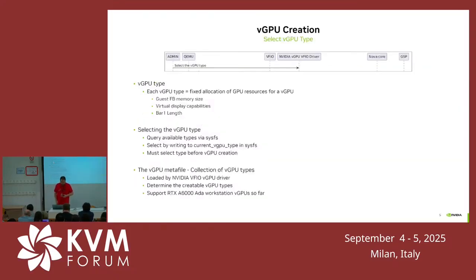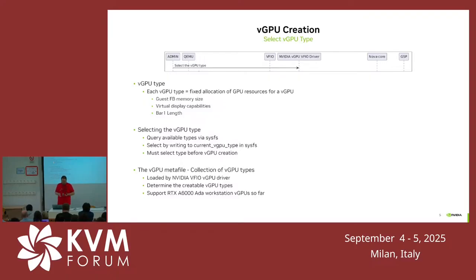By going through this vGPU creation, we can deep dive into each component. The first step of vGPU creation is to select the vGPU type. The vGPU type is a fixed allocation of GPU resources: how much GPU memory you want to allocate to the guest, how many virtual display heads, and the BAR1 length, because different vGPUs have different BAR1 lengths.